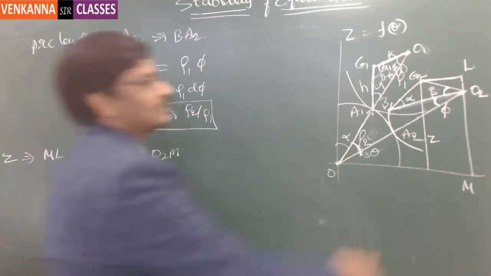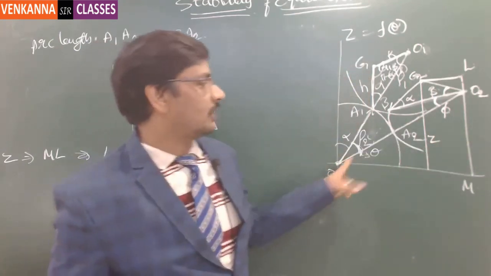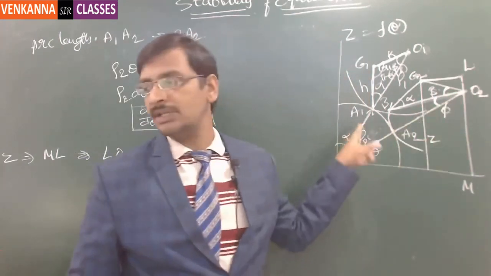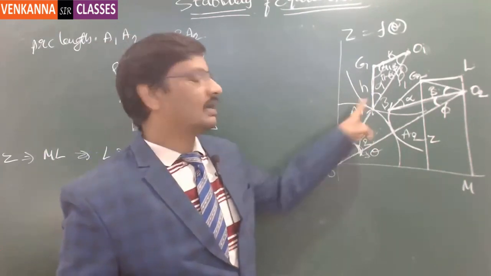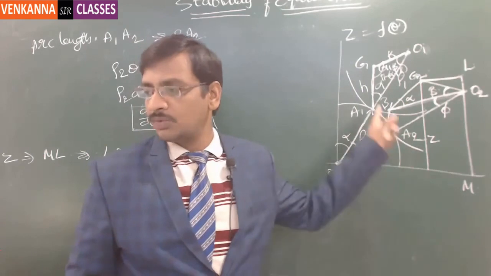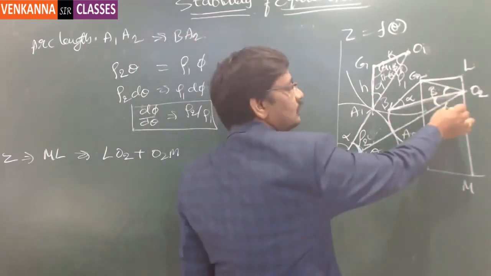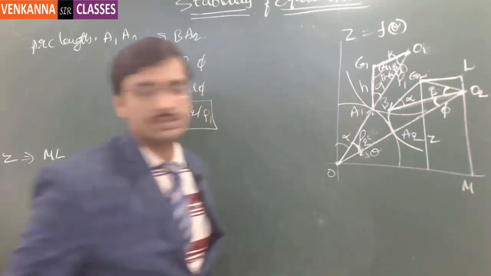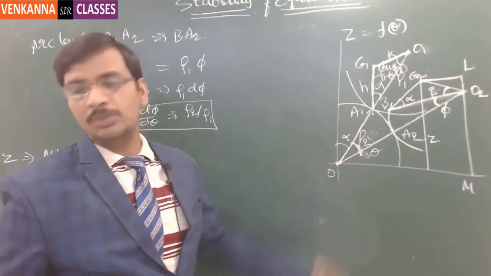O2M is this height, and I can express it as a function of rho 1 plus rho 2, because in the problem statement he has given only this angle alpha and the radius of curvature values. But we have introduced many other variables like alpha, beta, phi and theta. All these variables are intermittently coming, so down the line we need to eliminate them.